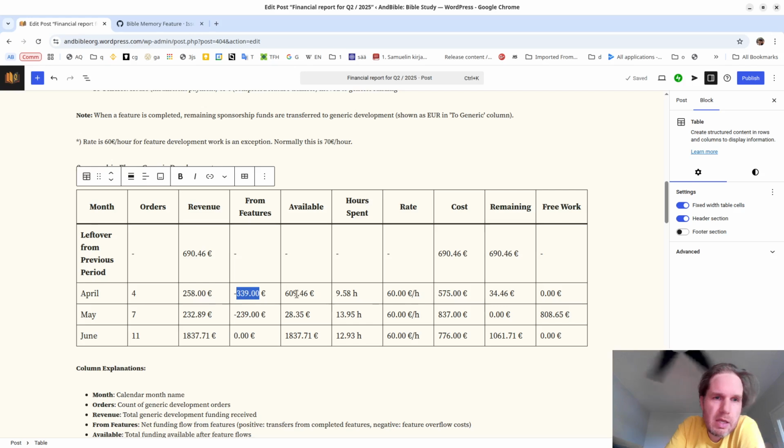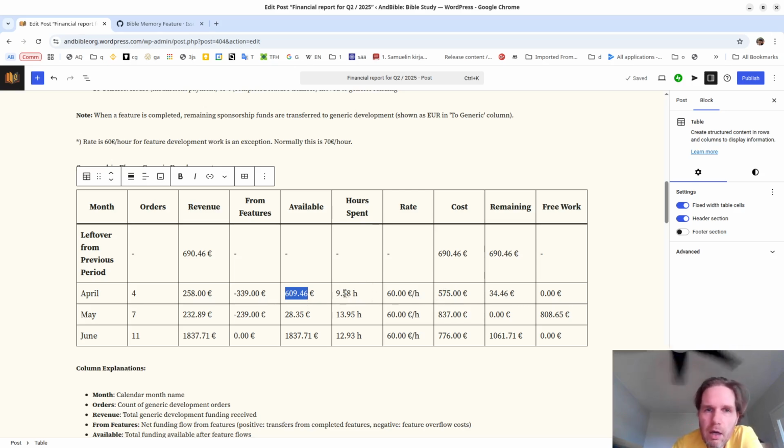And this makes it so that if we add 6,690 euros and 259 and minus 339, we will get total available for generic development 609 euros.